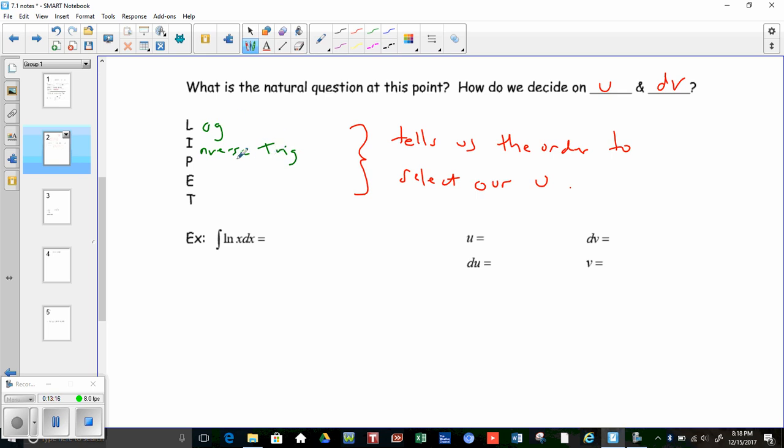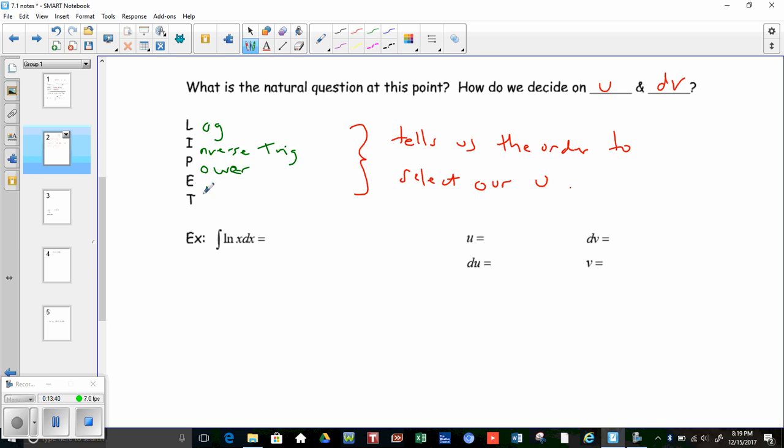If you don't have one of those two things, the next one you're going to look for is a power function. Okay, not necessarily a polynomial, but a power function could be x to the 1/2, x to the 3/4, something like that. Not an exponential, but a power function. Variable in the base raised to some kind of an exponent. It does not have to be a whole number, so it doesn't have to be a polynomial.